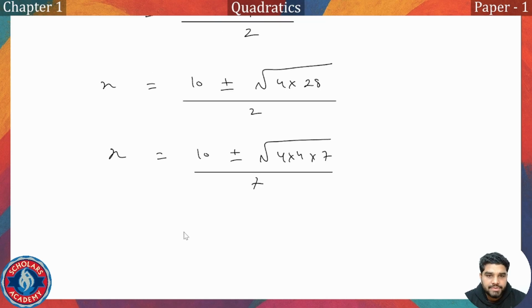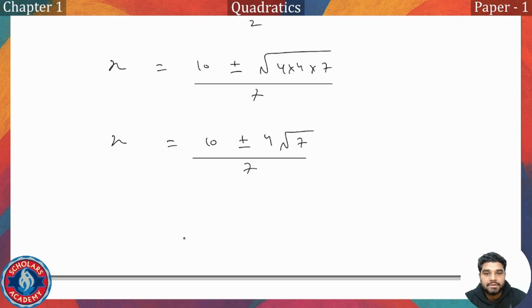I can also directly use the calculator to find the answer, or if I want to leave it in the surds, I can write it like this: 10 plus minus 4 can go out of the roots, root of 7 by 2.